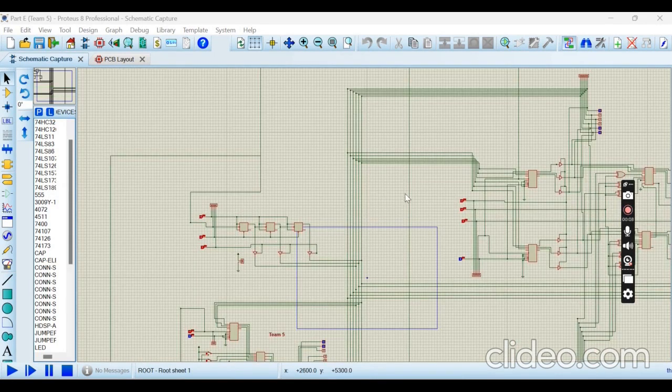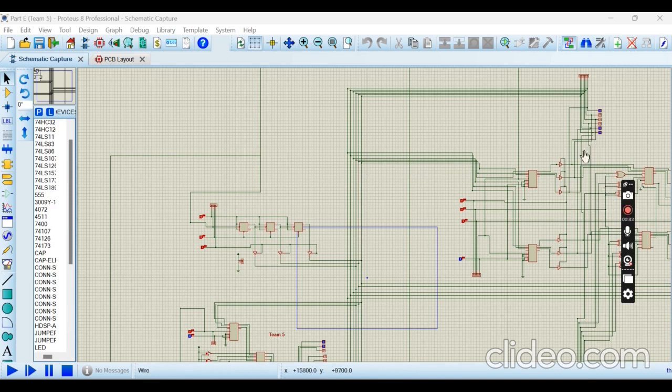And for the accumulator, 6 bits are coming to the accumulator as input, and also 6 bits are coming from the accumulator to the bus bar. So this is the accumulator. As you can see, these 6 are the inputs that are coming from the bus bar to the accumulator, and the 6 outputs from the accumulator go to the bus bar again.